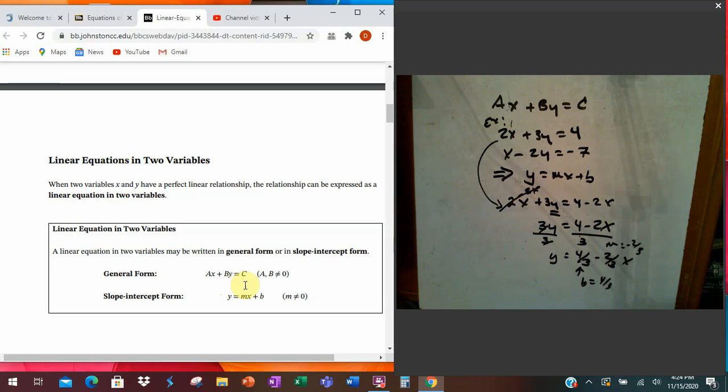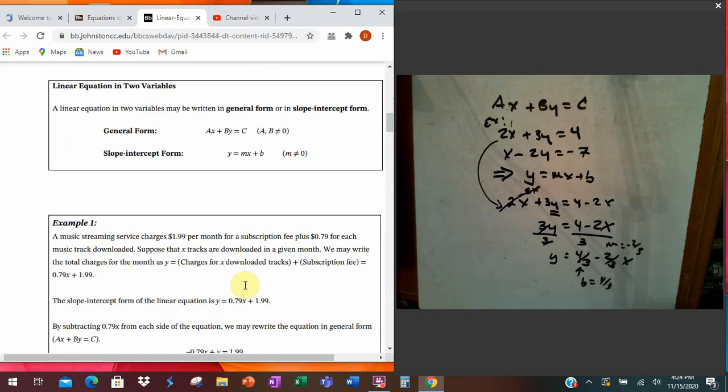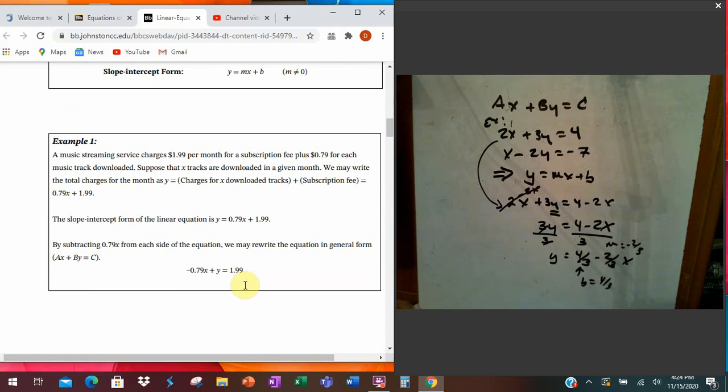So let's go back over here and pick this up. A music streaming service charges us $1.99 per month for a subscription fee plus 79 cents for each music track downloaded. Okay, so for each month, it's a basic $1.99. You have to pay $1.99 for this subscription fee every month.